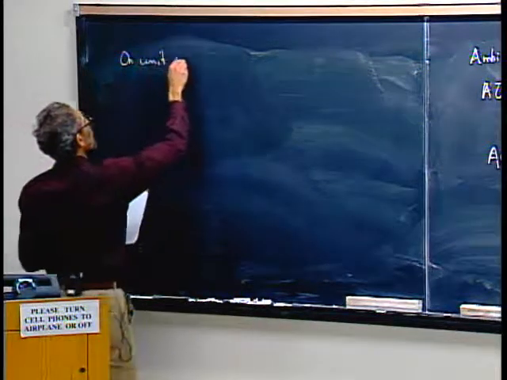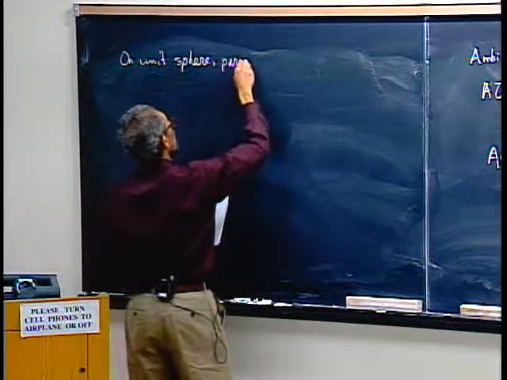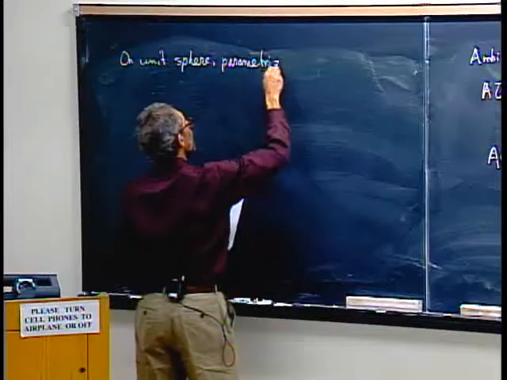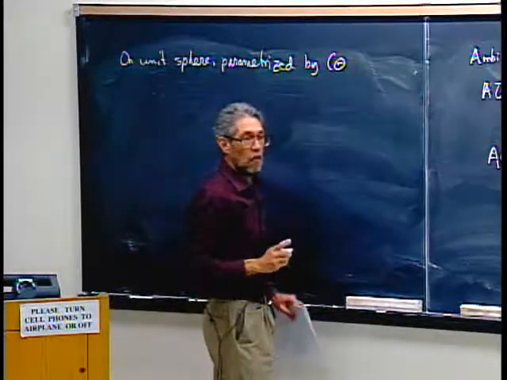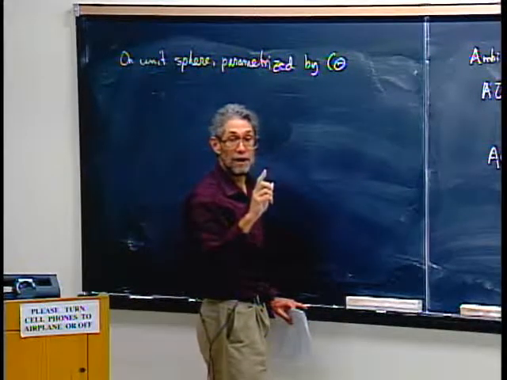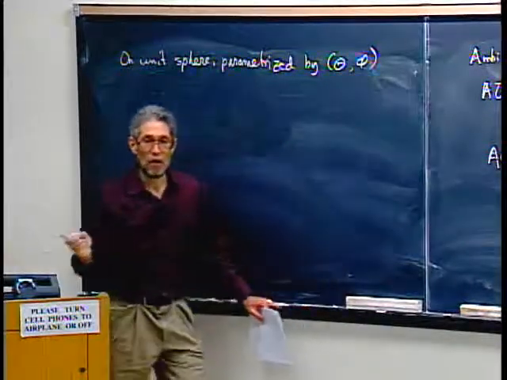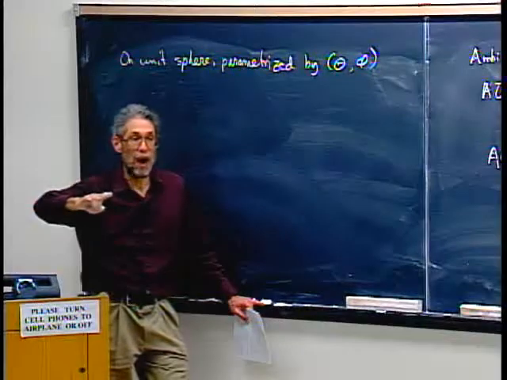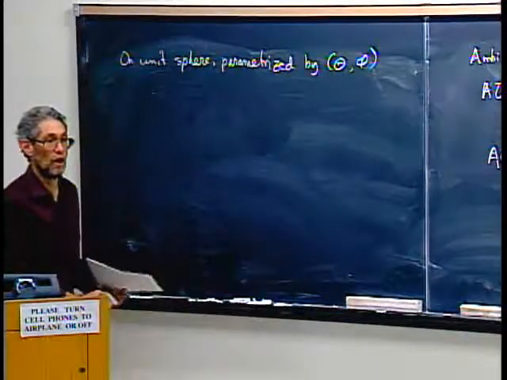So basically, on the unit sphere, we'll parameterize it by theta, which is the angle of a unit vector on the unit sphere compared to the z-axis, right? And phi is the angle that its projection on the xy equatorial plane makes with the x-axis. These are the spherical coordinates we've been using all along.